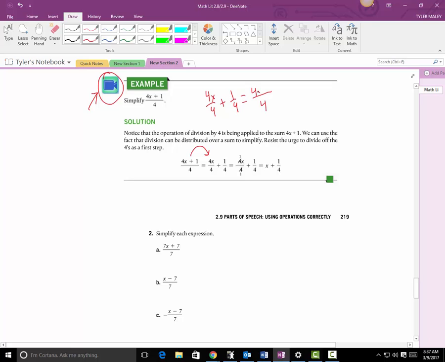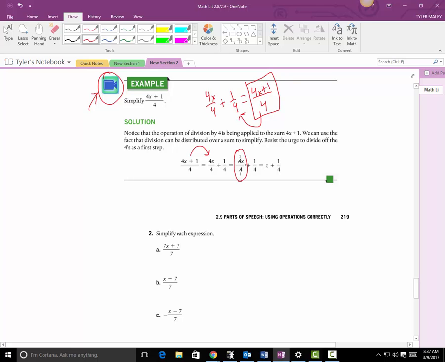So this would be 4x plus 1. Instead of adding them together like this, we start with this expression and rewrite it in this way, and this can be helpful when we're trying to reduce and simplify things.